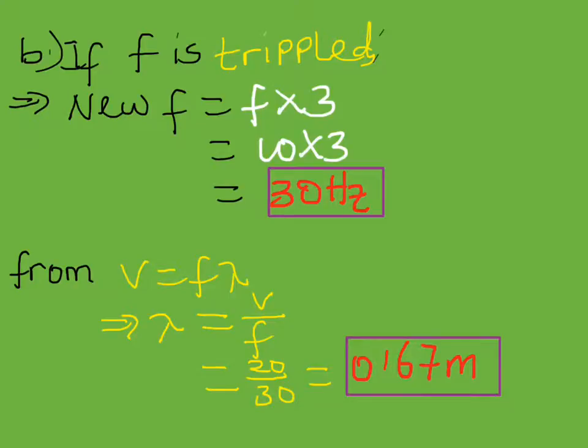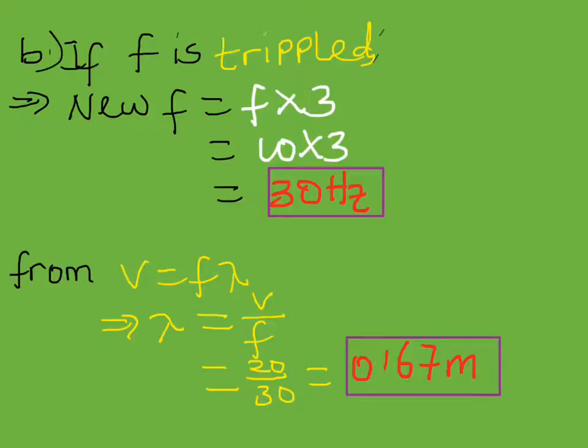Remember, we calculated the velocity to be 20 meters per second. So our wavelength will be 20 over the new frequency, which is 30. So the new wavelength of the wave will be 20 over 30, giving 0.67 meters.